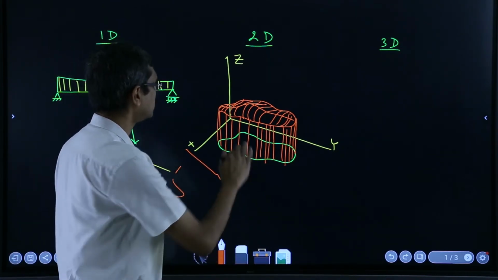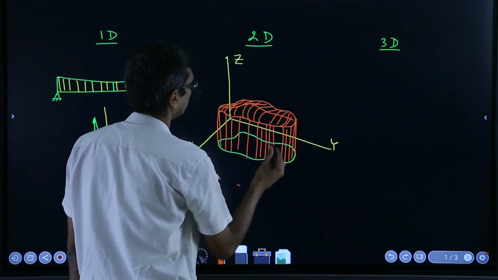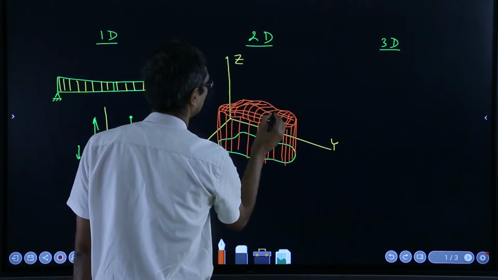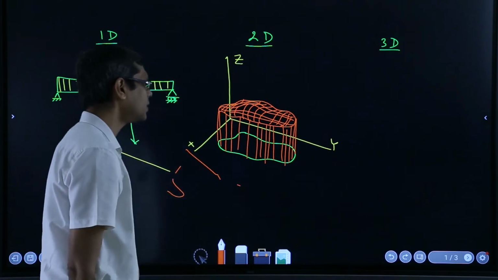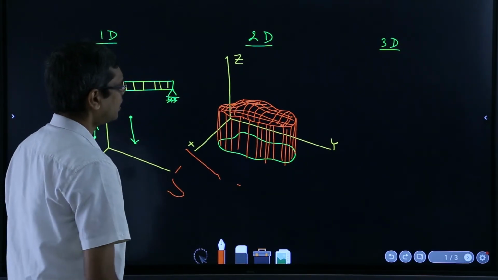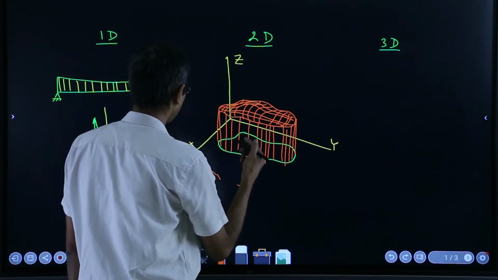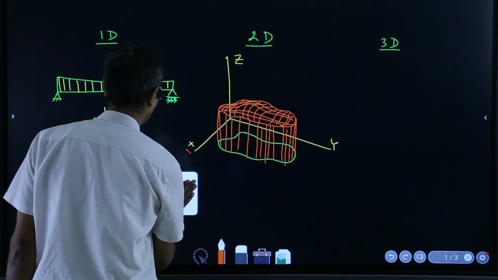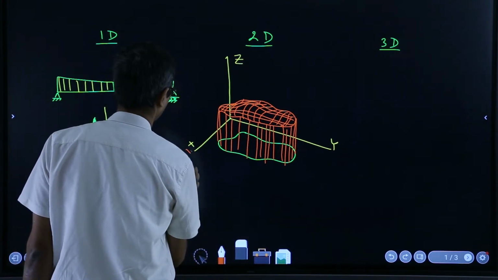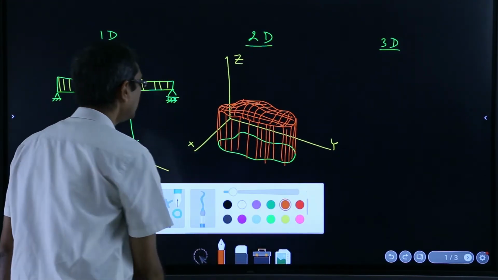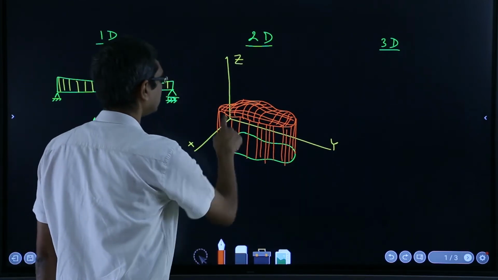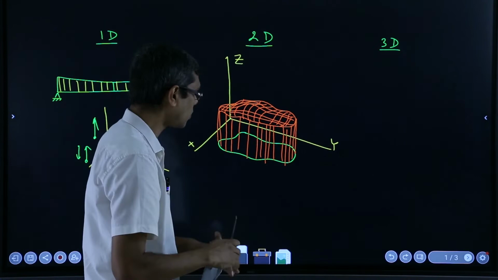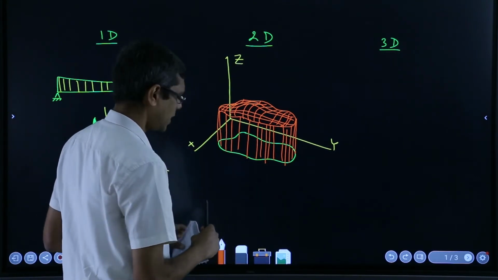This orange surface over here shows the loading pattern. This we will call a 2D continuous loading on this green surface over here.